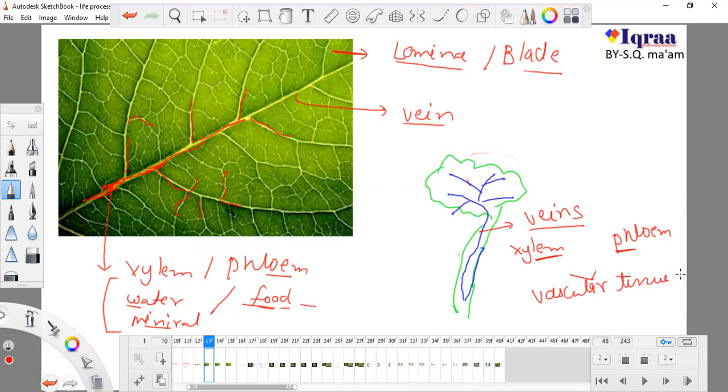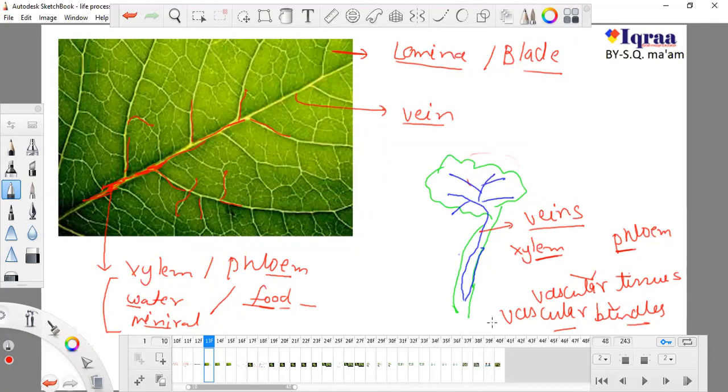A further term is vascular bundles, because they are present in the form of bundles. So these veins contain vascular bundles.